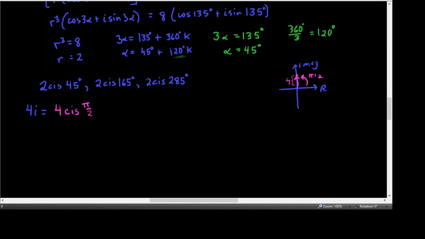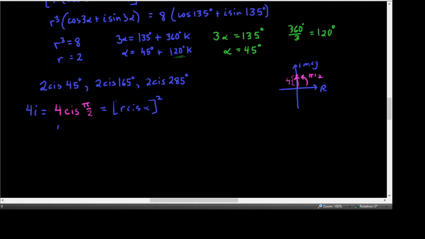Now, we want to find something that when squared gives us that. We're looking for the square root. So r cis alpha squared would give us that number, and r cis alpha will be the form of our answers.